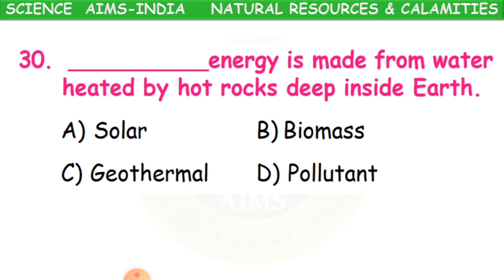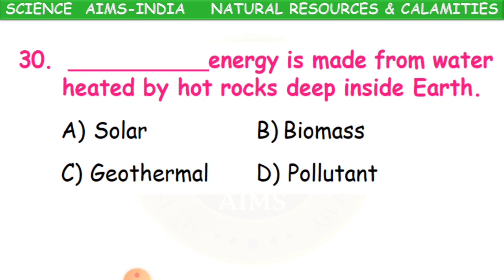30th one. Dash energy is made from water heated by hot rocks deep inside earth. Which energy is made from water heated by hot rocks deep inside earth? Now we have learnt when we were discussing about the earth layers, children, that the second layer of the earth is what? It is mantle.